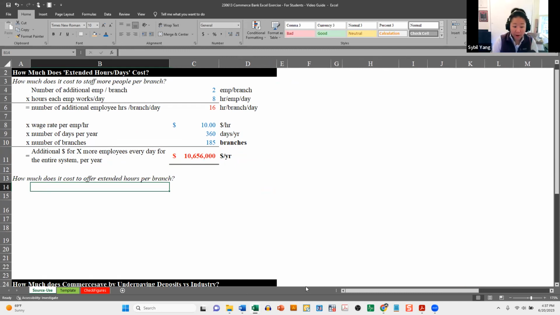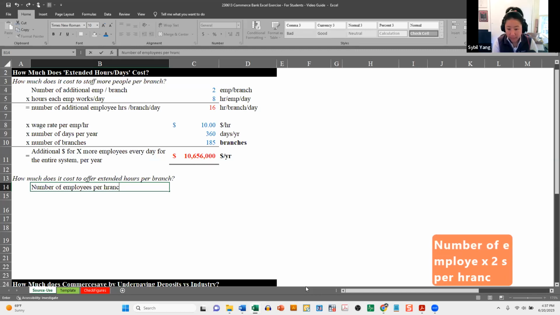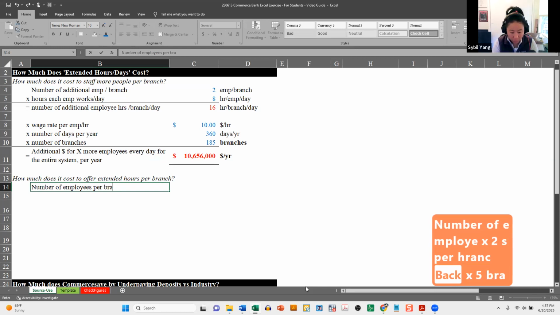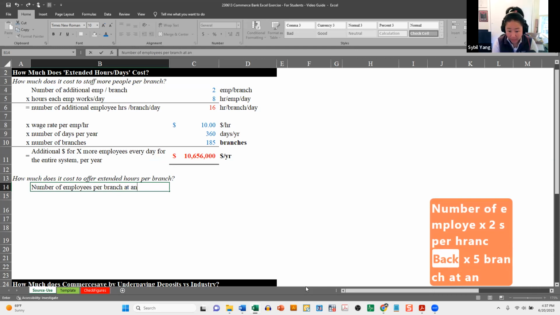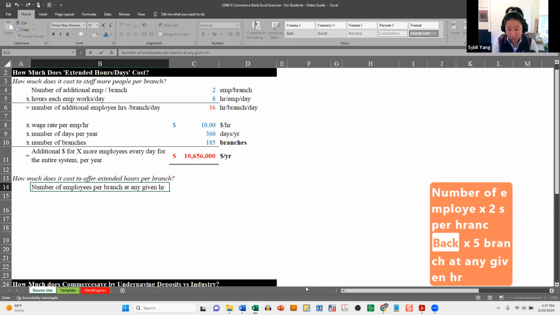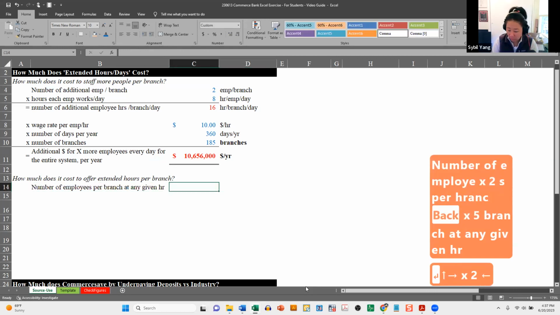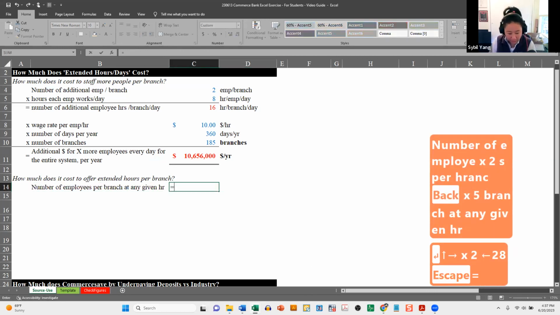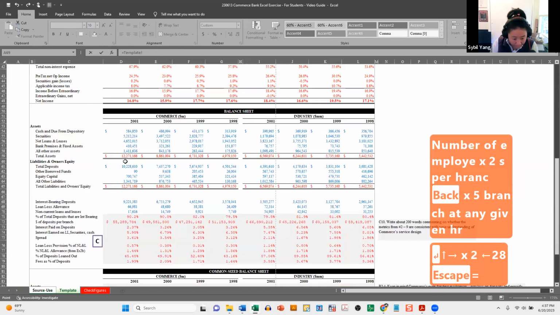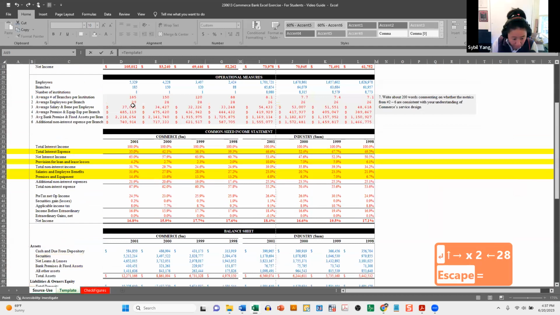How about if we extend the hours for each branch? The number of employees per branch at any given hour, I can reference from our previous work. We had 28 or 29-ish employees, the average number of employees per branch.